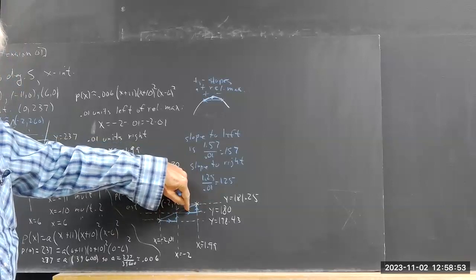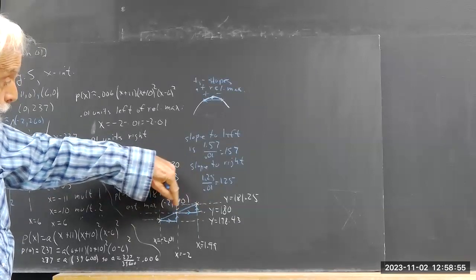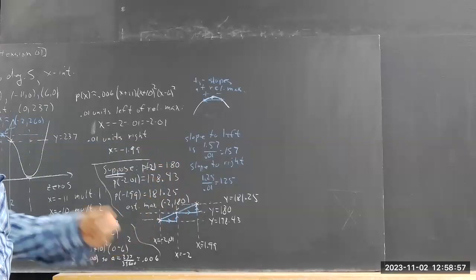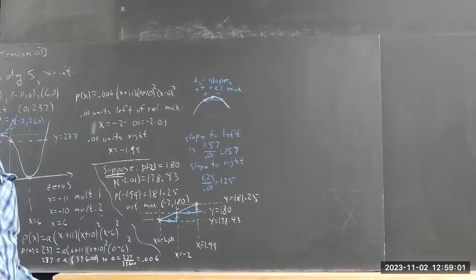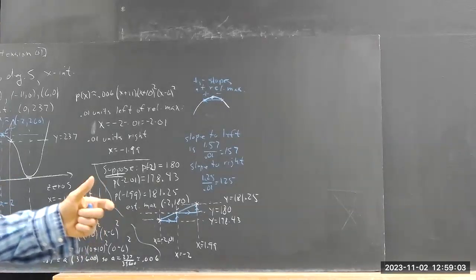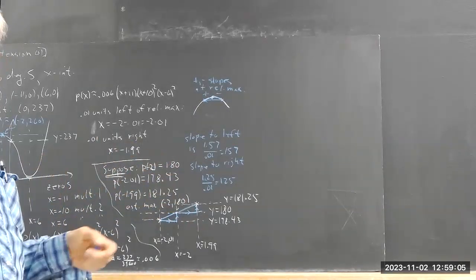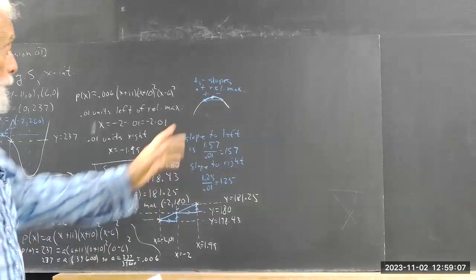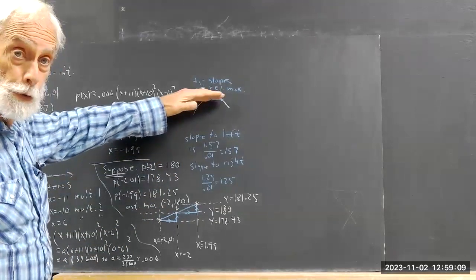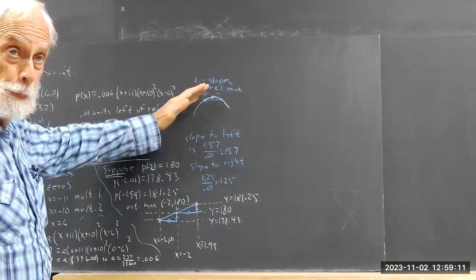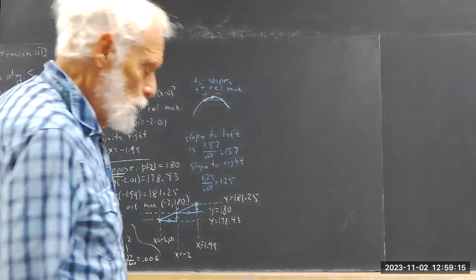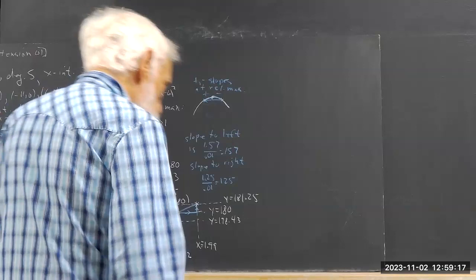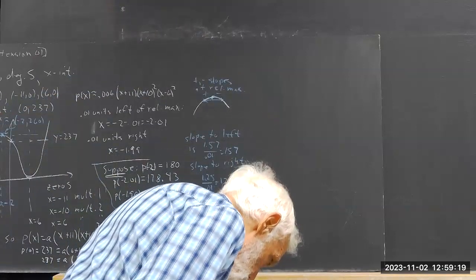I did a little more than I asked. So I'm not going to ask for both slopes. But what you see from both slopes is the slope is decreasing. What's that tell you? That tells you you're to the left of the relative maximum, because what's happening to the slope of this thing as you move toward the relative maximum? Bigger slope here, less slope here, less slope there. Okay, well worth thinking about, especially if there's a calculus course in your future.